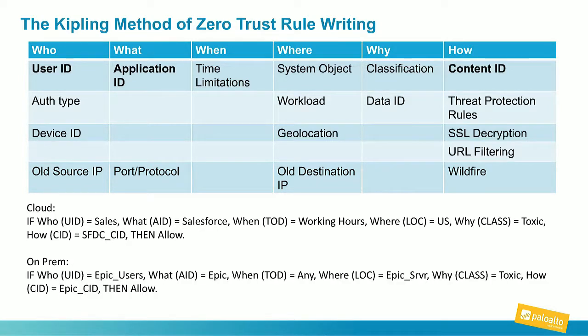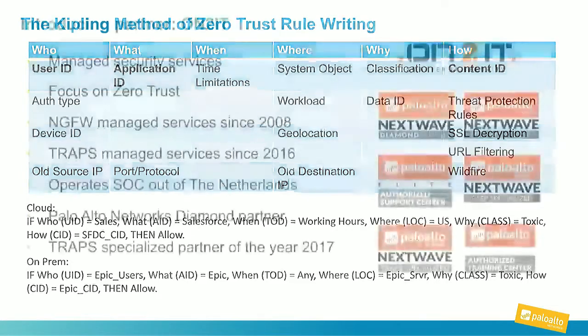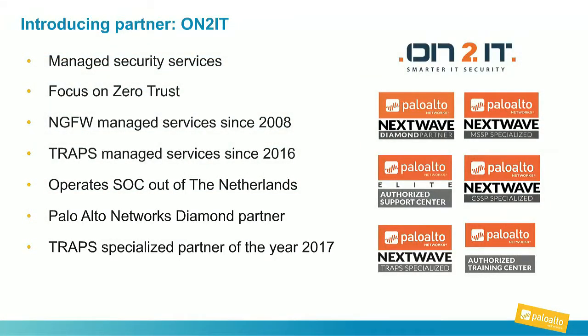Here's one for hospitals using an application called Epic. That's the App-ID, the what statement. The User-ID is Epic users, doctors, nurses, administrators, and then there's a specific Content-ID just for that one particular application. So that's how we would write these policies that function layer 2 through 7.